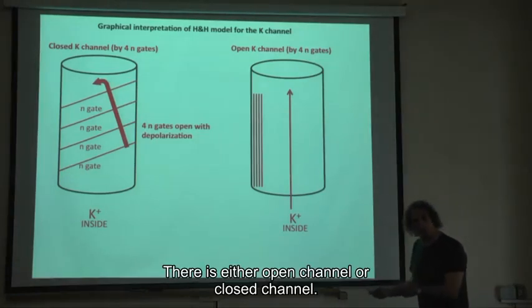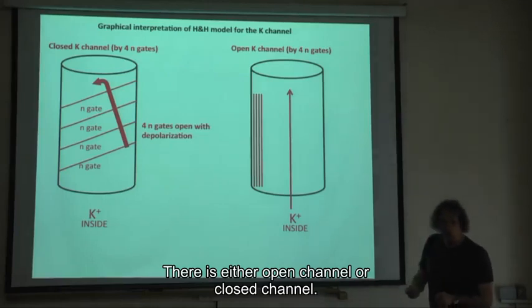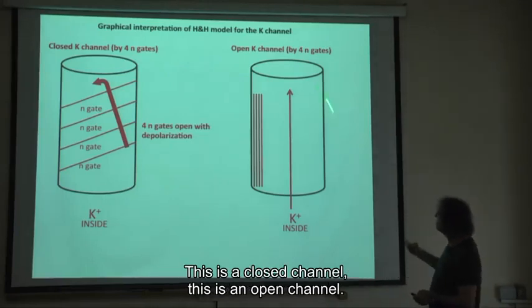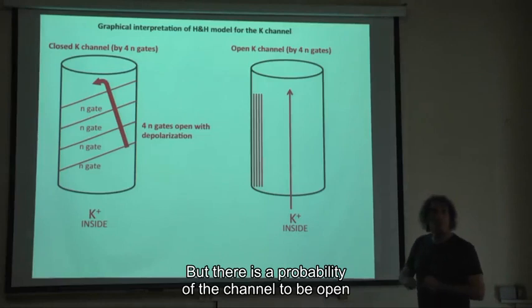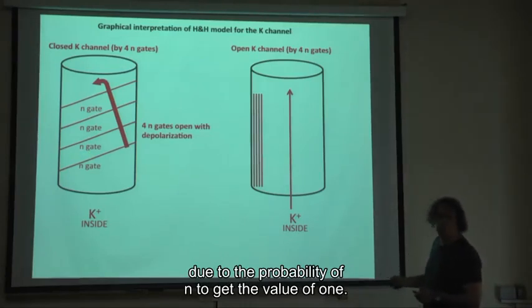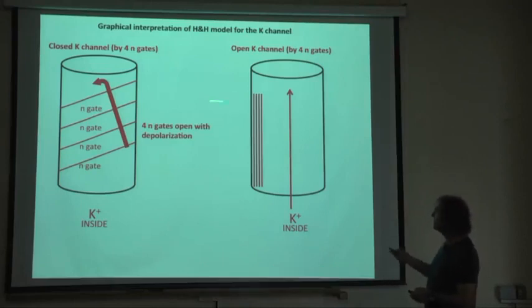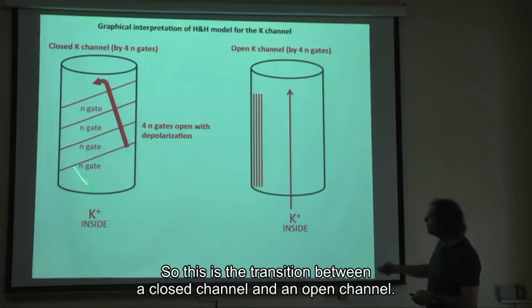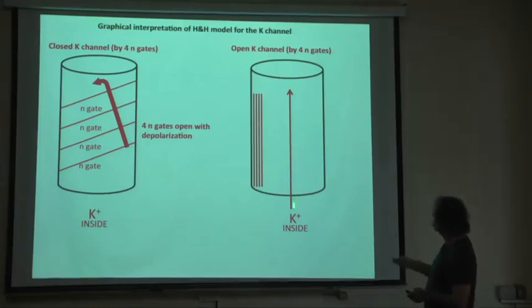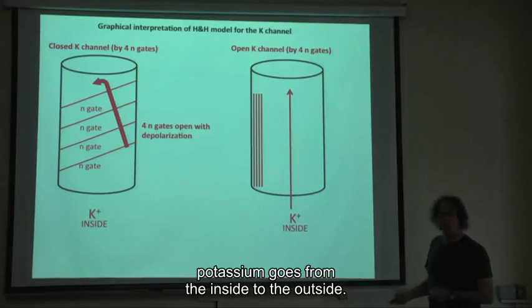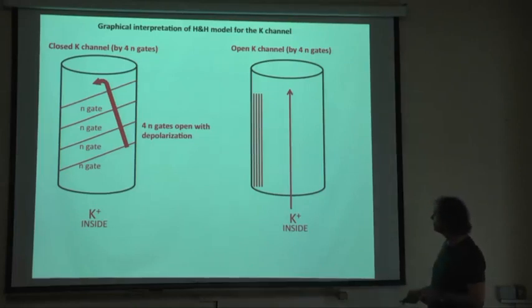There is either an open channel or a closed channel. This is a closed channel. This is an open channel. But there is a probability of the channel to be open, due to the probability of n getting the value of 1. So this is the transition between a closed channel and an open channel. And when you have an open channel, potassium goes from the inside to the outside.